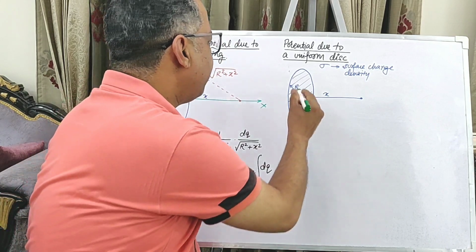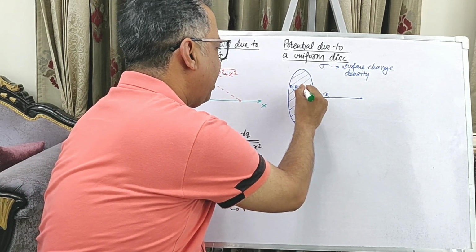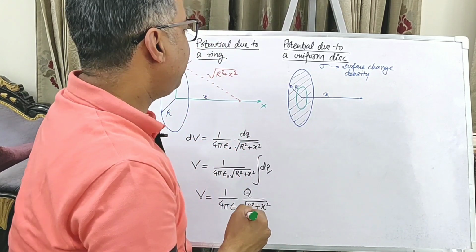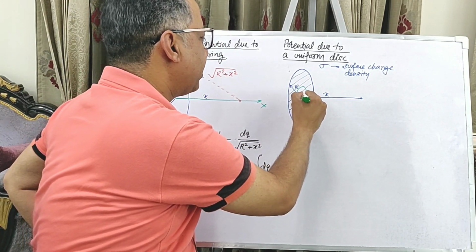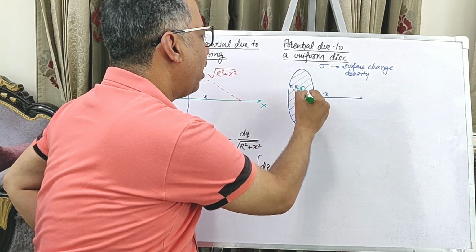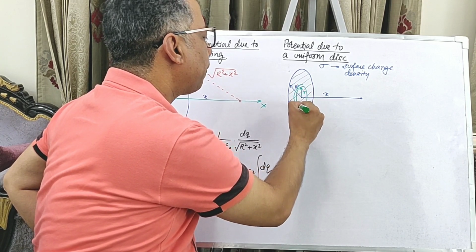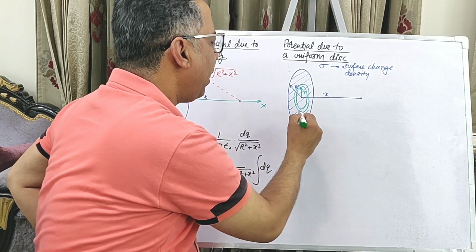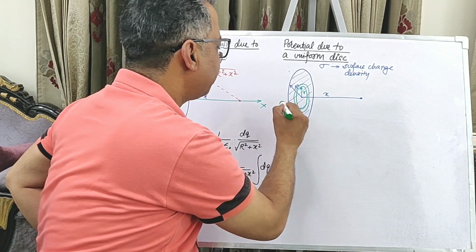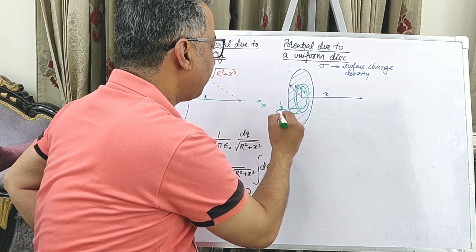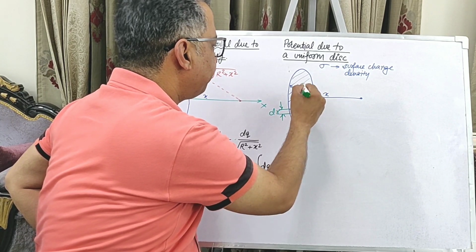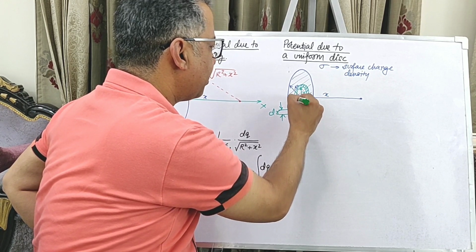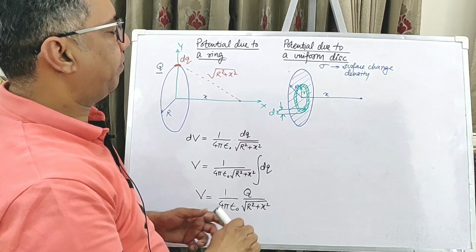So let's consider a ring element here. Now this ring element has a radius small r and has a width dr. This is the ring shaped element that we are considering.